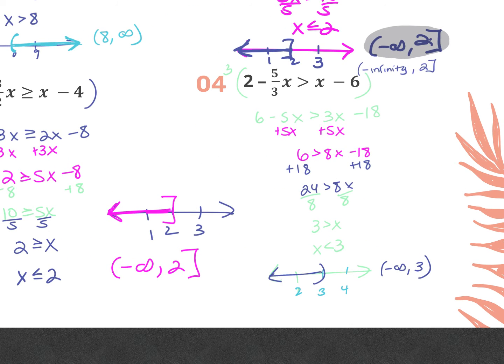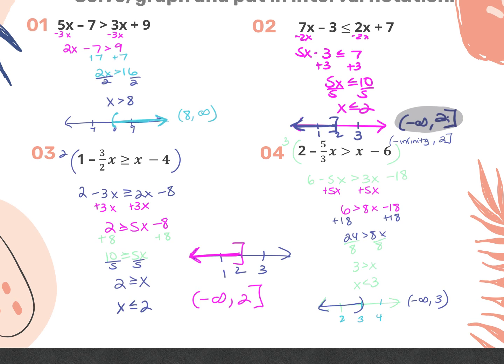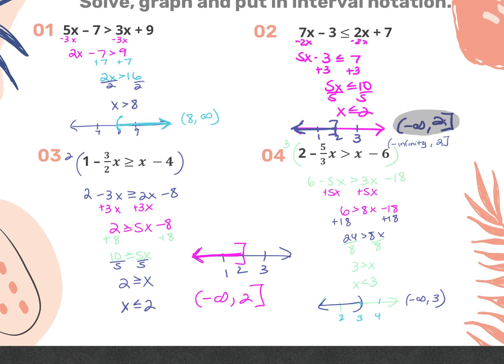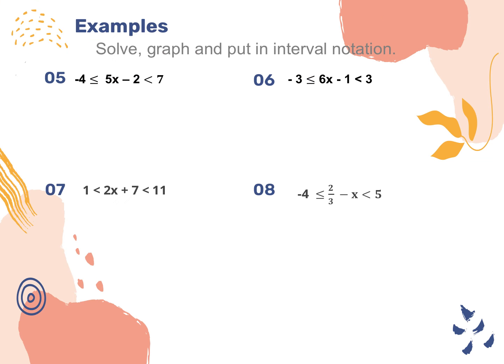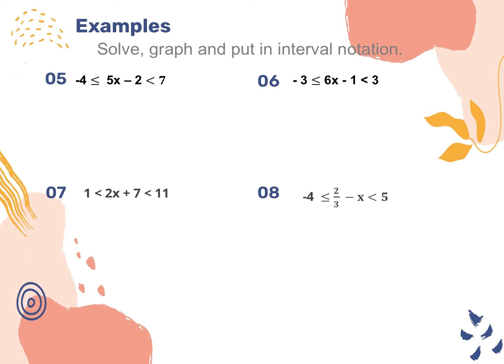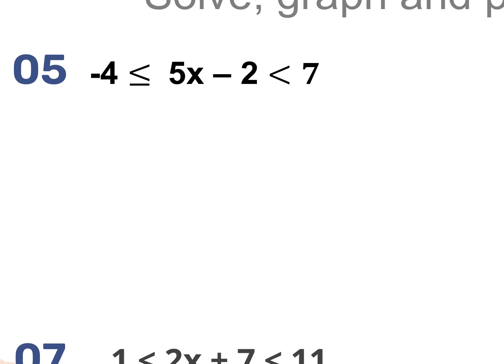Questions so far? Okay, now we've got a compound statement with the variable on the inside. So whatever I do to isolate the variable in the middle, I have to do to both sides. So for 5, the first thing I'm going to do is add 2 to the middle, to the left, and to the right.